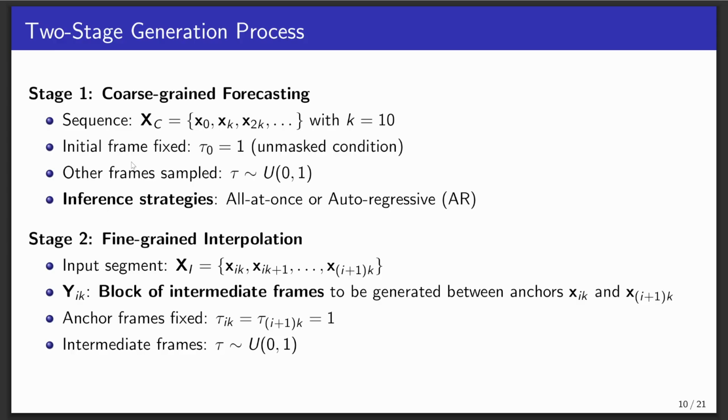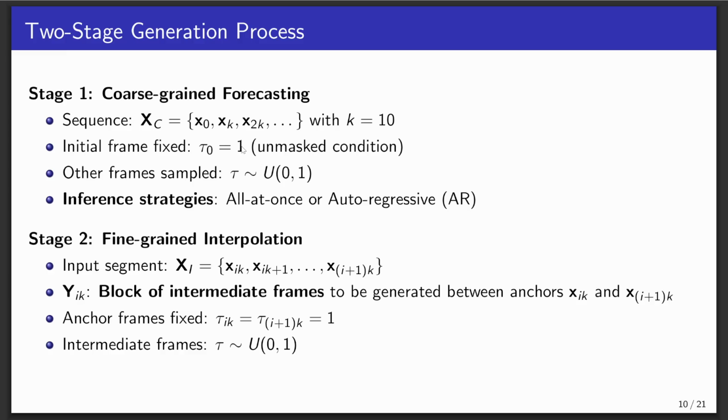For stage 1, we have coarse-grained forecasting. The sequence to predict is x0, xk, x2k, and so on, with k equals 10. The initial frame is fixed, with tau 0 equals 1. For the other frames, we sample the noise intensity from the uniform distribution and try to denoise it.